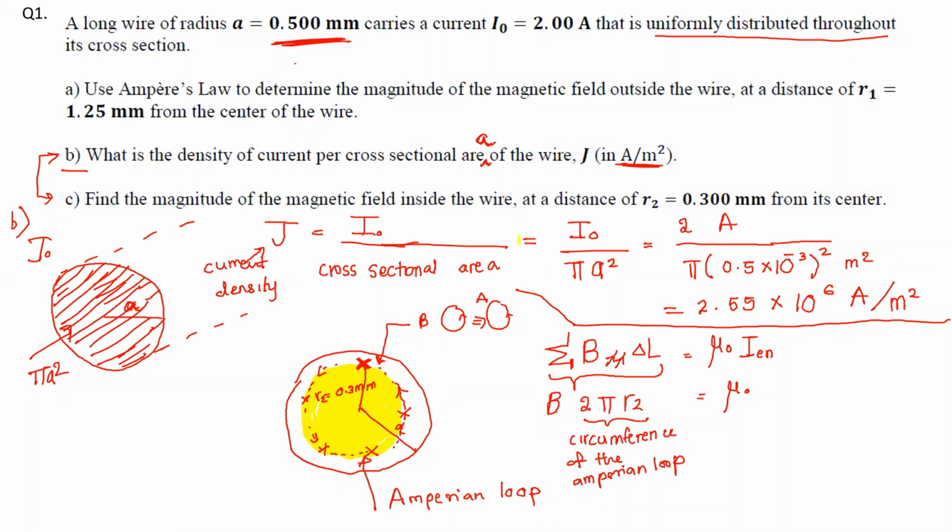How do we find it? If you remember Gauss's law, when we found the charge enclosed, similar to that, to find the current enclosed we have to multiply the density by the area. If we multiply by the area that we are interested in, we get the current in this highlighted part.